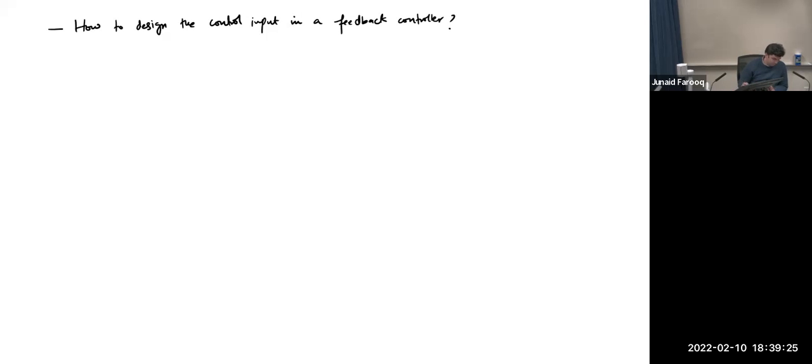The answer is using the state information. If you know what the state of the system is at every time, then you can use the state information in the input. One example is the linear state feedback controller.